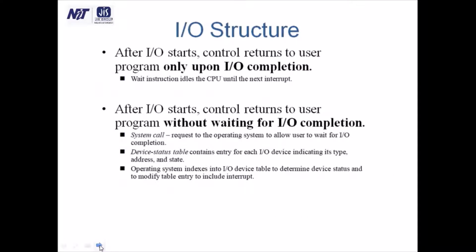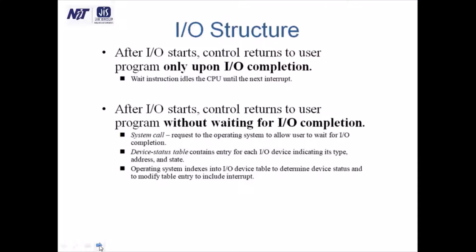Now we discuss the IO structure. After input output starts, the control returns to the user program only on IO completion. The wait instruction idles the CPU until the next interrupt. In the other case, after the IO starts, the control returns to the user program without waiting for IO completion.